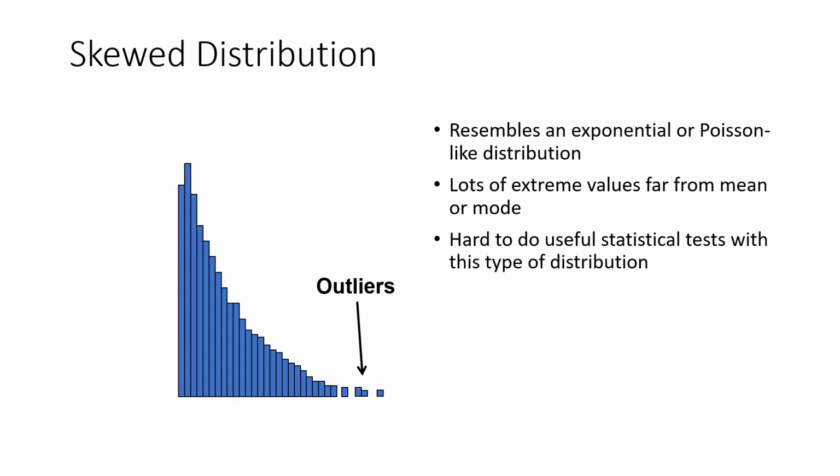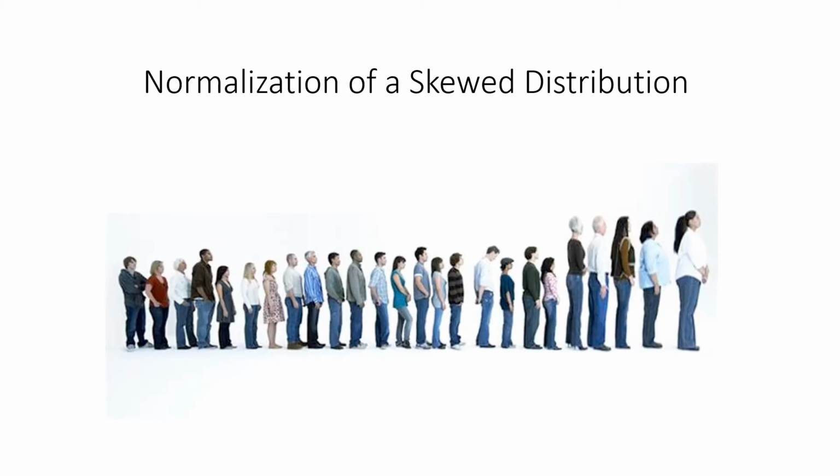And it's important to actually develop methods to change the shape of the distribution as much as possible so that it resembles a normal or Gaussian distribution. So that leads us to a discussion on normalization, especially as applied to skewed or distorted asymmetric distributions.